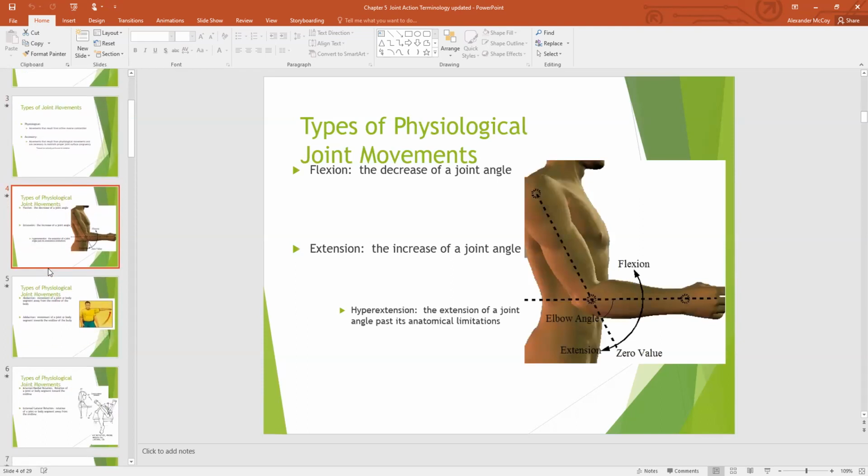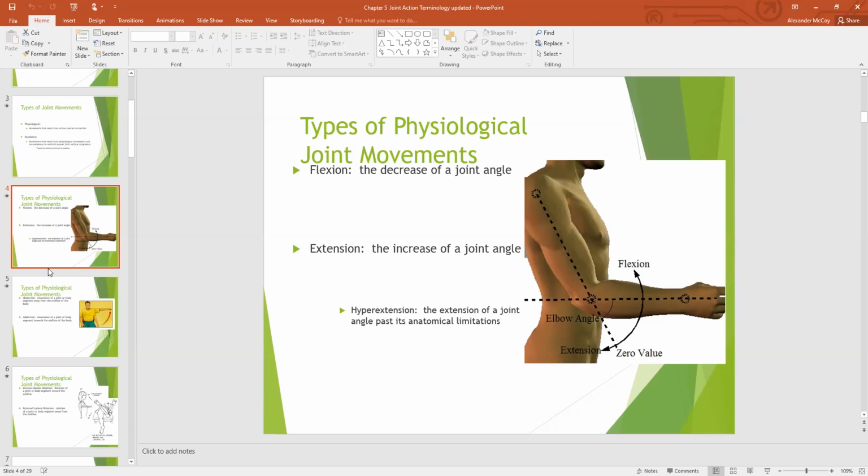Many of you have probably heard these. Flexion versus extension. This is the decrease of a joint angle or increase of a joint angle. And this is where I like to make that little disclaimer about flexion of a joint versus flexing a muscle. Does that make sense? Yes, flexing a muscle does increase or decrease the joint angle, but we're talking about within the joint, flexion refers to decreasing that joint angle.